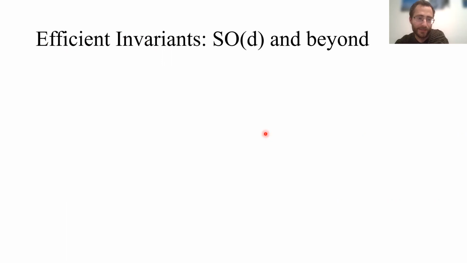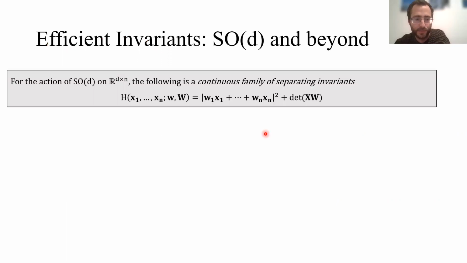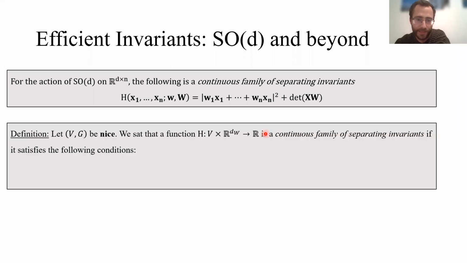So now let's try to explain why or where this comes from. We said we have this continuous family of separating invariants. Let's define what that means. A family is a continuous family of separating invariants if for every choice of w, the function defined by w is invariant.